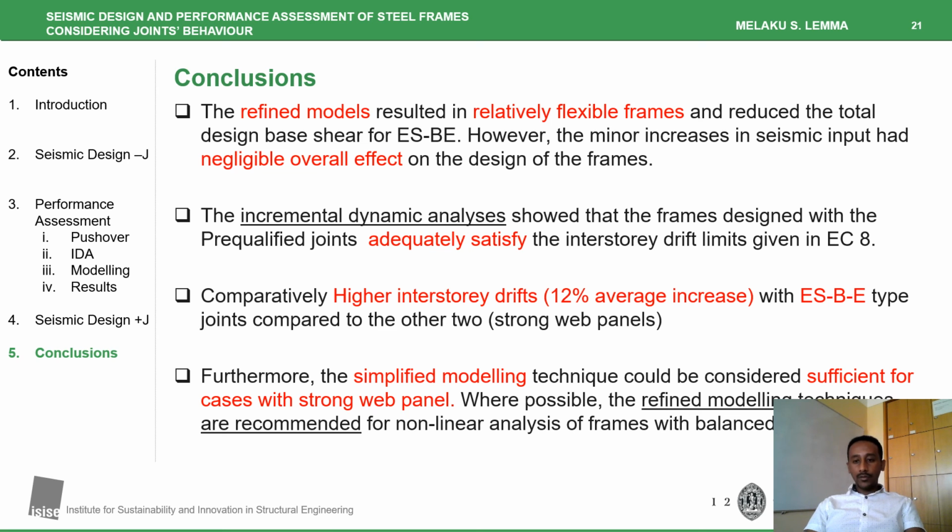Compared to the other two, the balanced web panel had around 12% higher interstory drift values. In general, it could be said that the simplified modeling technique is sufficient for models with strong web panel, while the refined model is recommended for use in structures with balanced web panel joints.